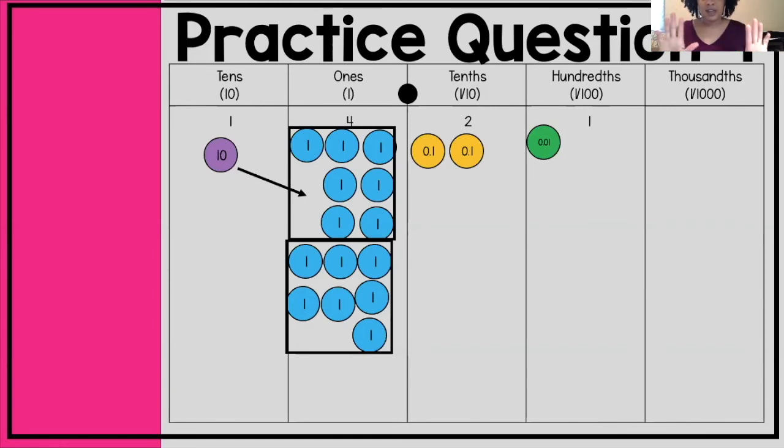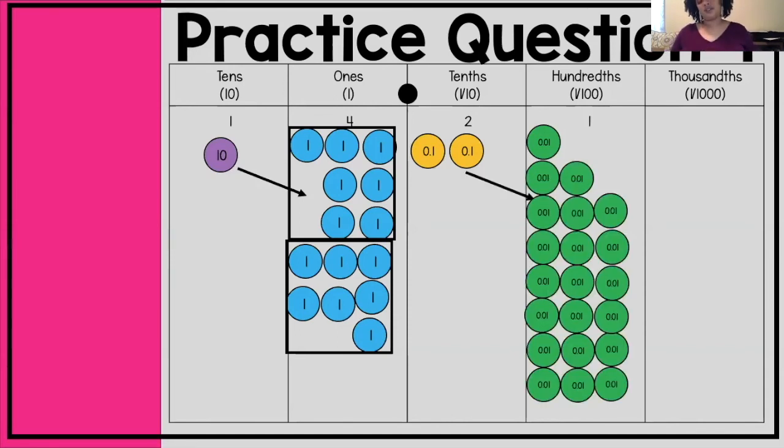Right, 10. 1 tenth is equal to 10 hundredths. Now, I have 2 tenths though. So how many hundredths is 2 tenths going to be equal to? Right, 2 tenths is going to be equal to 20 hundredths.